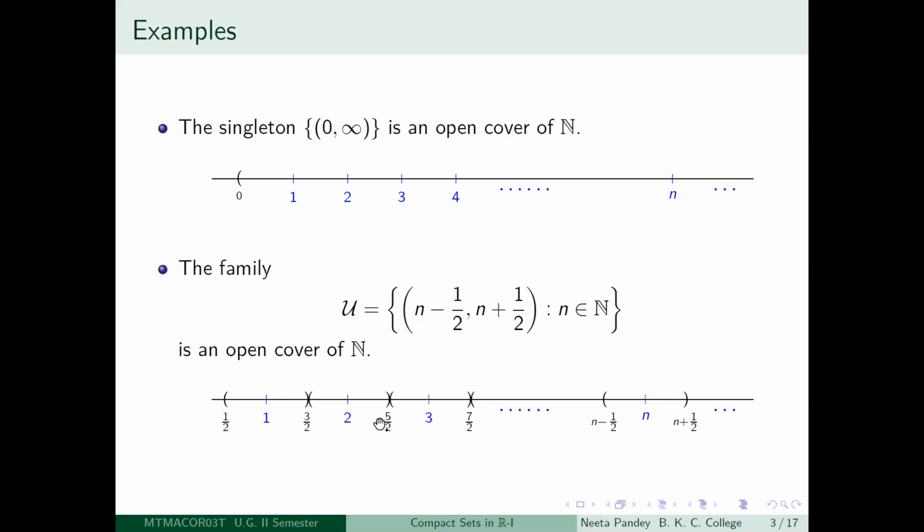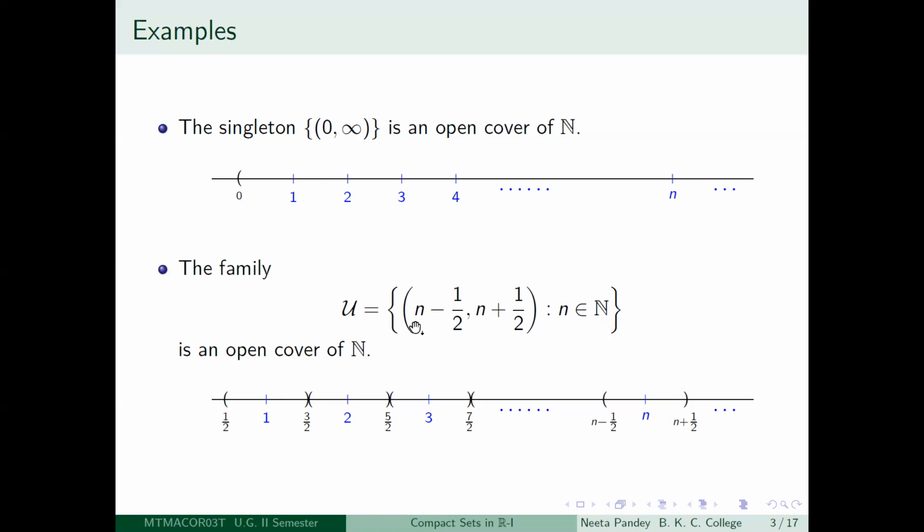But if you look at the union of all of these open intervals, a general interval will look like this: n minus half to n plus half. Then the union of all these open intervals will contain the points 1, 2, 3, etc. Right? This n minus half to n plus half is the half neighborhood of the integer n.